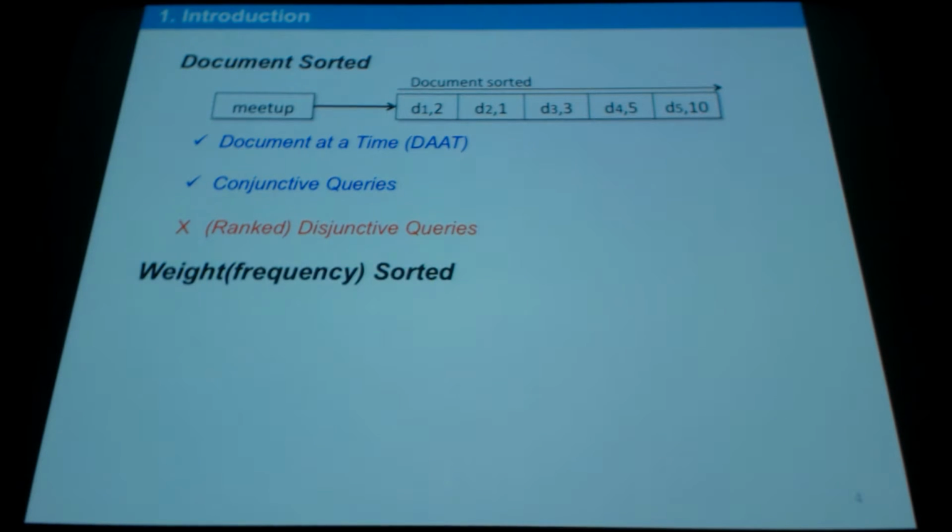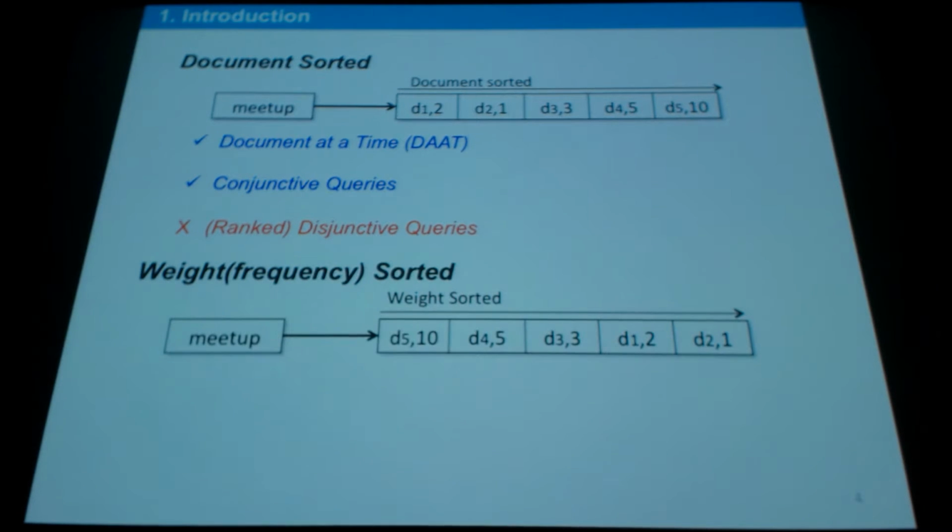On the other hand, we can sort the posting list using weights or frequencies. In this case, the posting list is sorted by frequencies. You can see that next to D5, the 10 represents the frequency. This is really good for a query processing scheme called term-at-a-time.